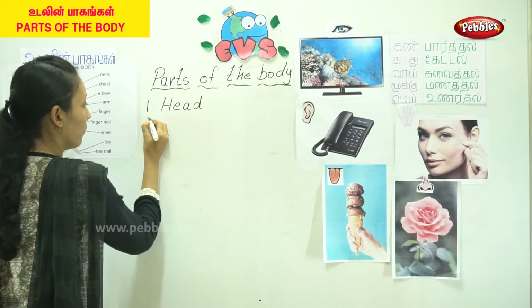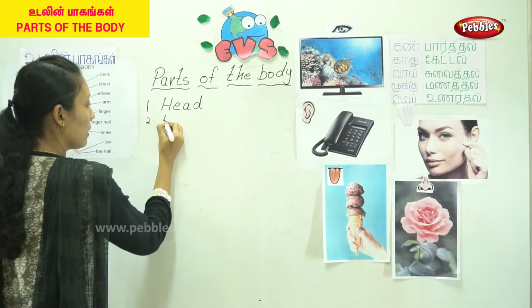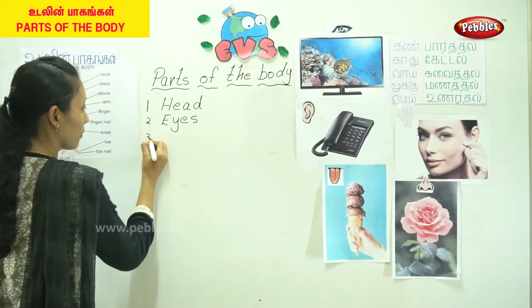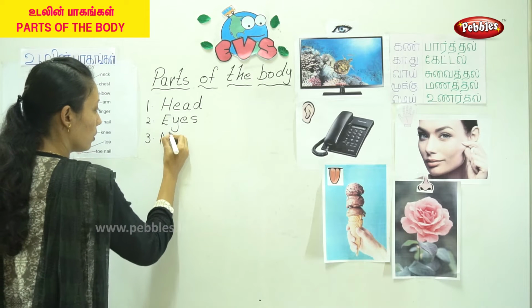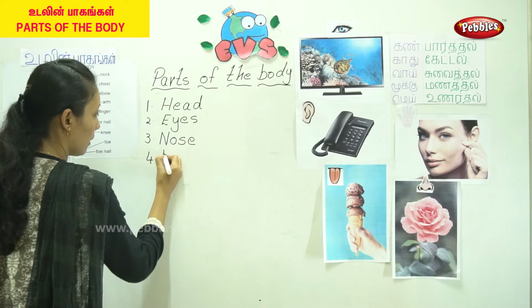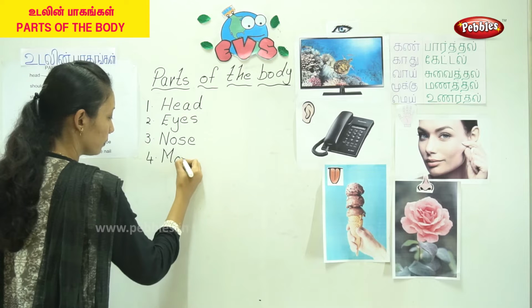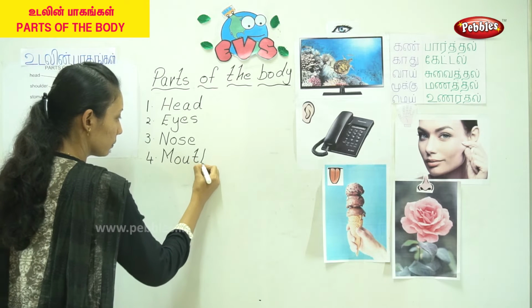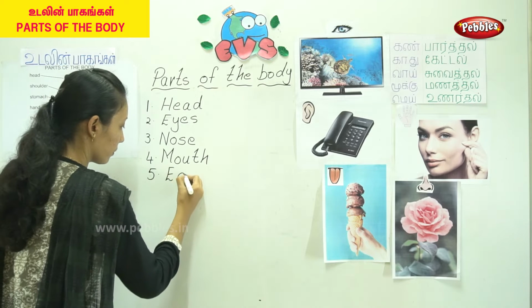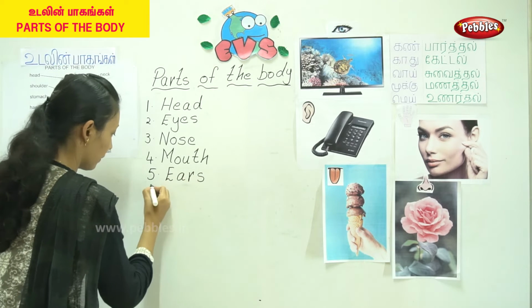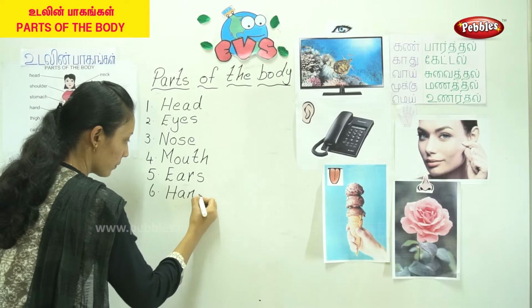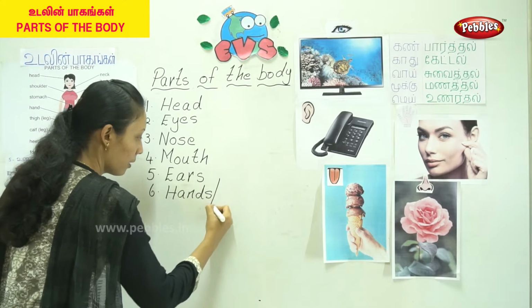Head, then eyes, nose, mouth, ears, hands. So with the hands you need your fingers.